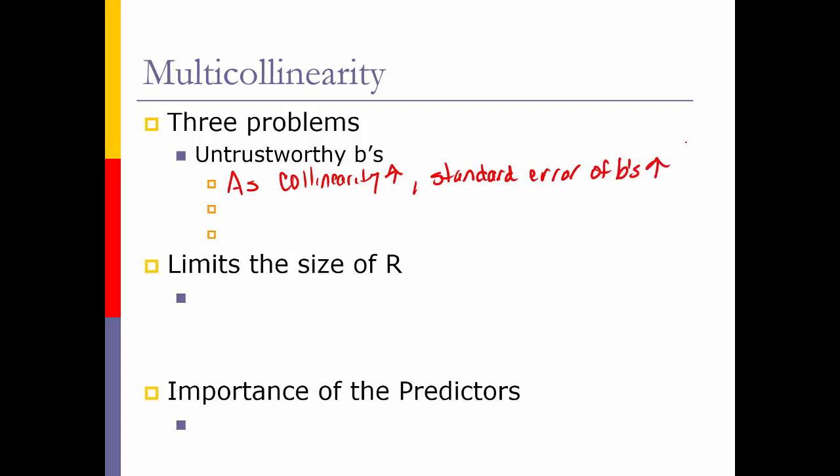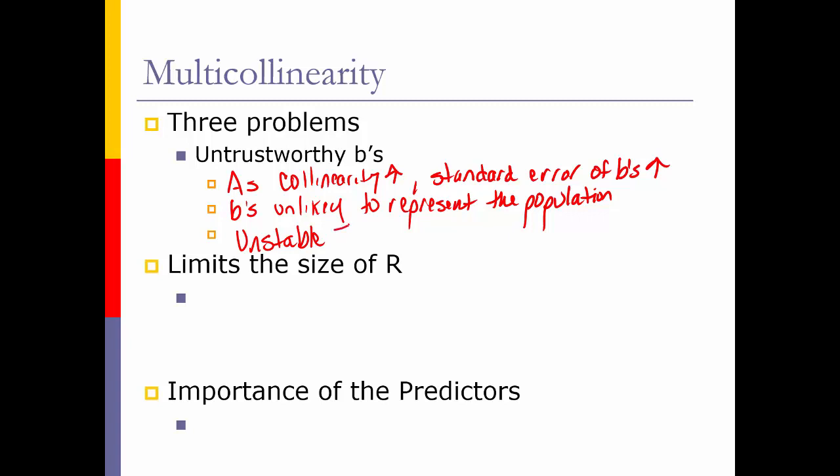So that's not a good thing. Our regression coefficients are also unlikely to represent the population. And we end up with a really unstable model or regression equation.